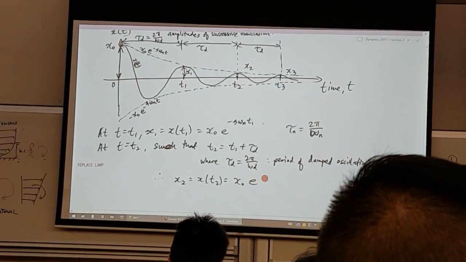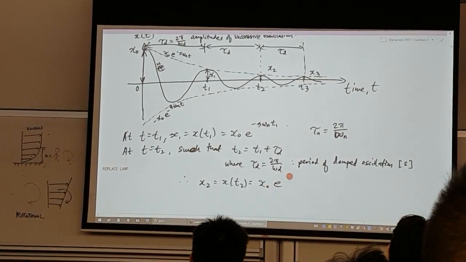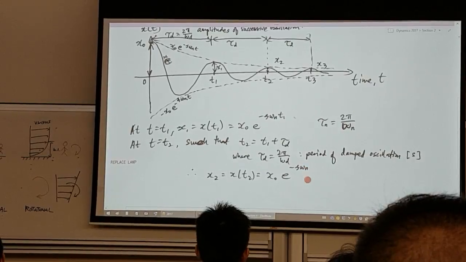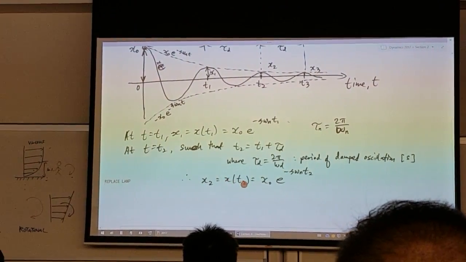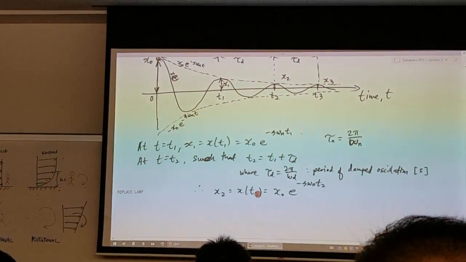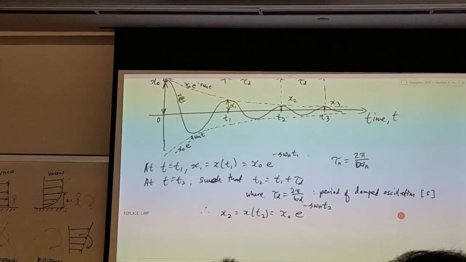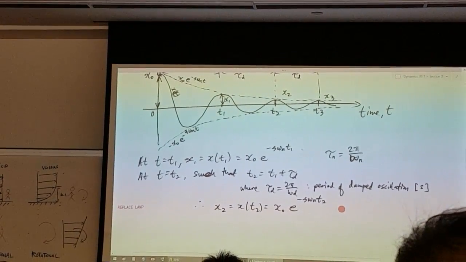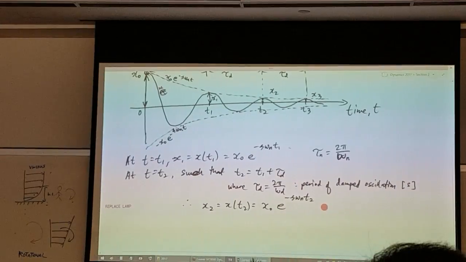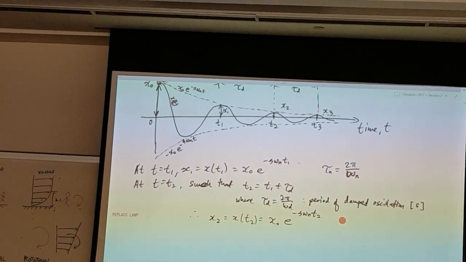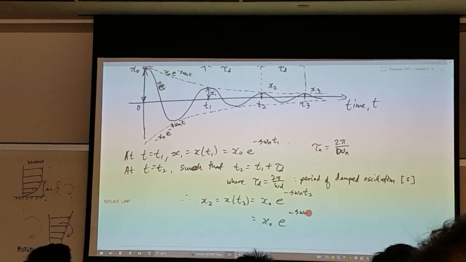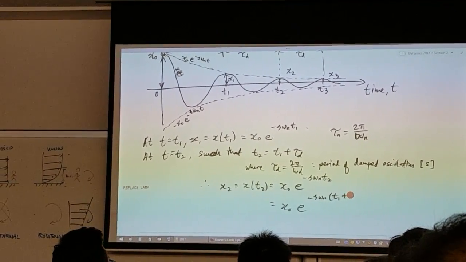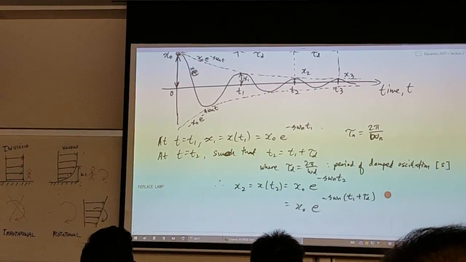So that will get me x naught e to the power minus zeta omega n, and this will be t2, because I want to find out what the x is at t2. The rest of the sine and cosine terms, as we've seen before, is actually equal to 1, so we don't have to prove that. This t2 is equal to t1 plus tau d.